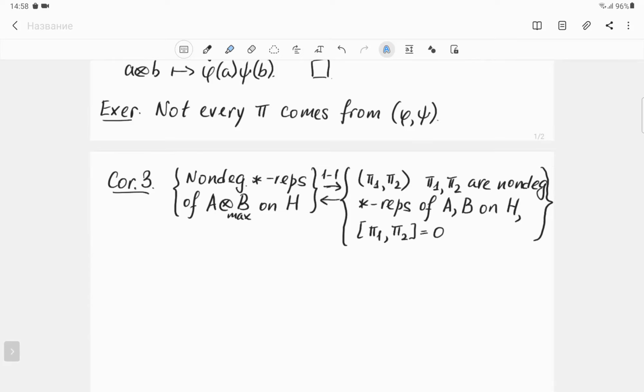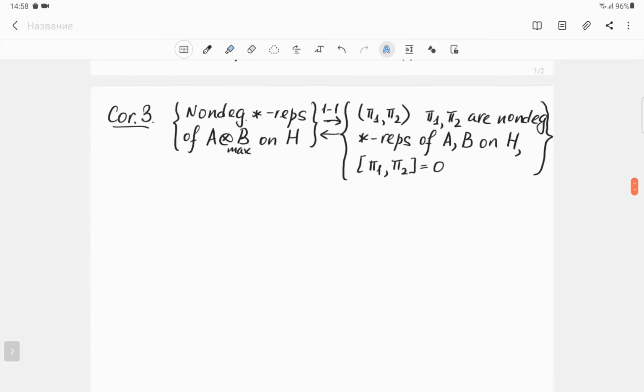Okay, now before we formulate the next corollary, we will need the following lemma.